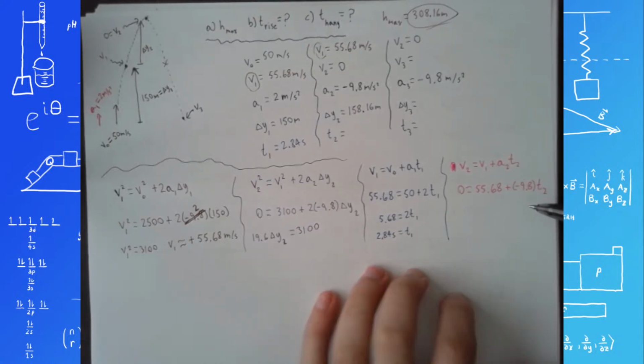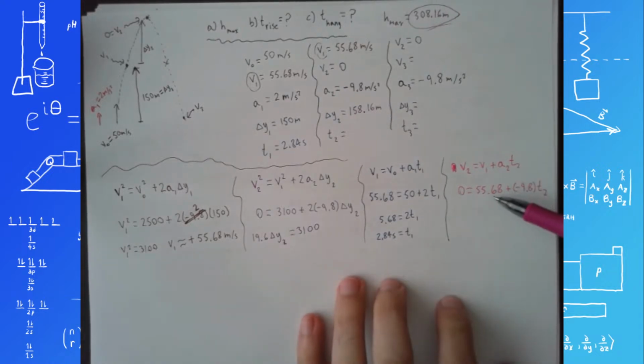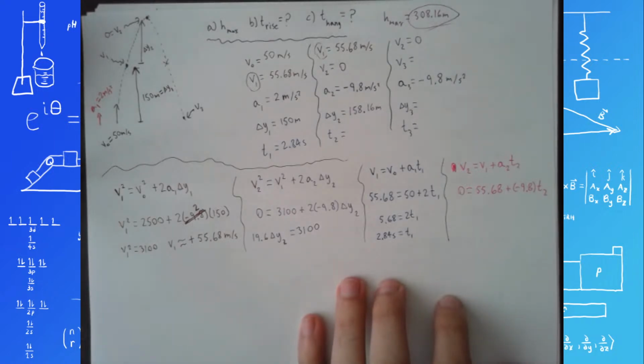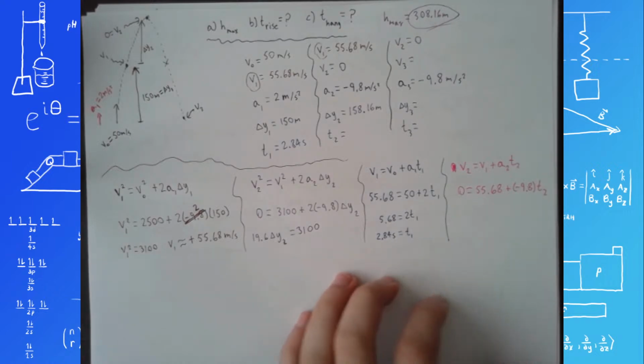Okay, so we've got a lot of starting velocity once gravity takes over. So gravity is going to need more time to slow this thing down. Slowing something down from 55.68 to 0 is generally going to take longer than it took to speed it up from 50 to 55.68. So I'm expecting T2 to be larger than T1.